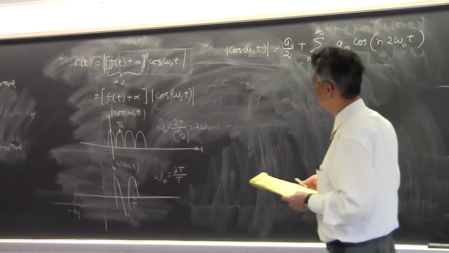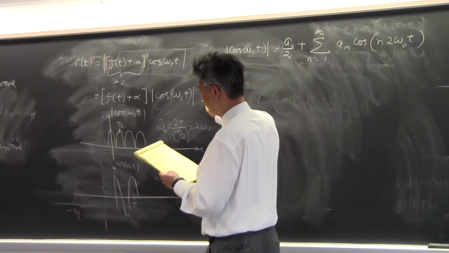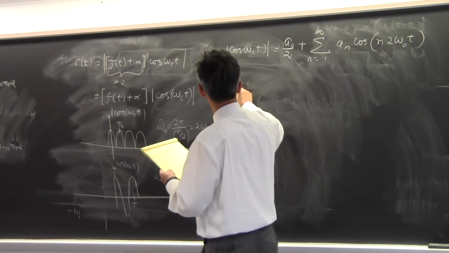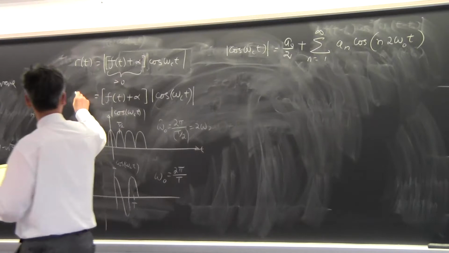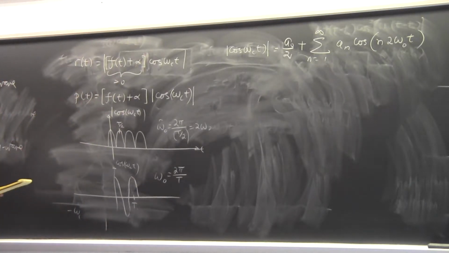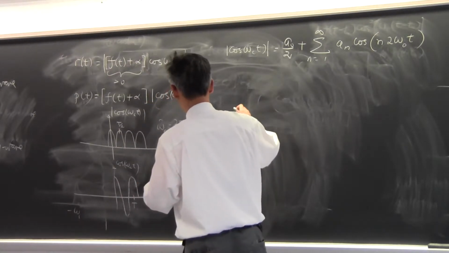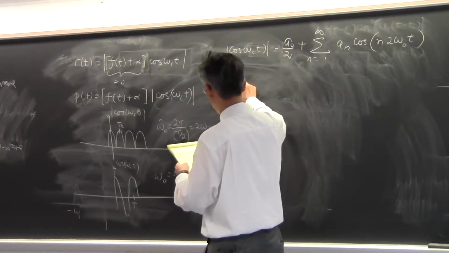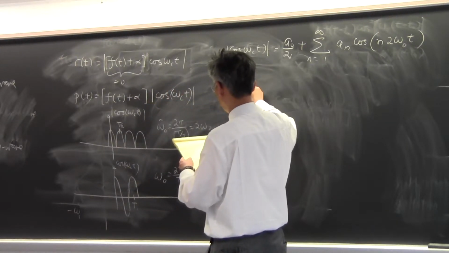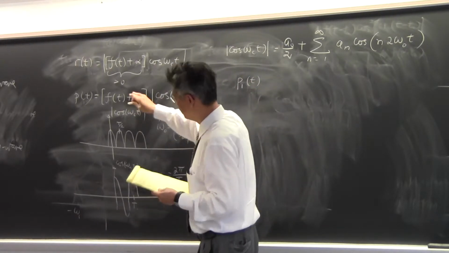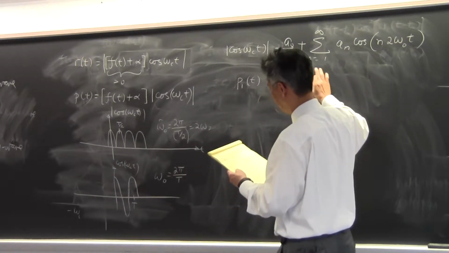And so the effect of this thing, okay, if I call this, the textbook called this p(t). Okay, p(t) will consist of two components, p1 and p2, and p1(t) is just the original signal multiplied by f(t).